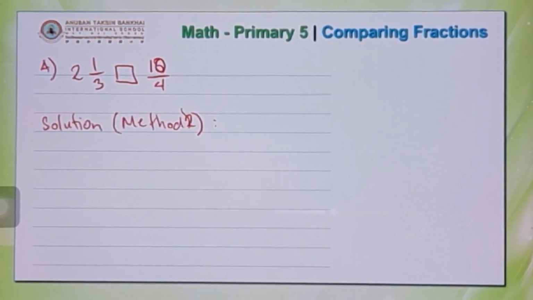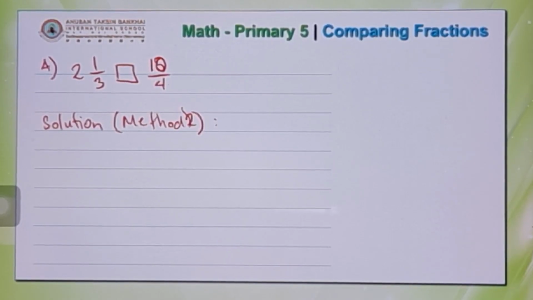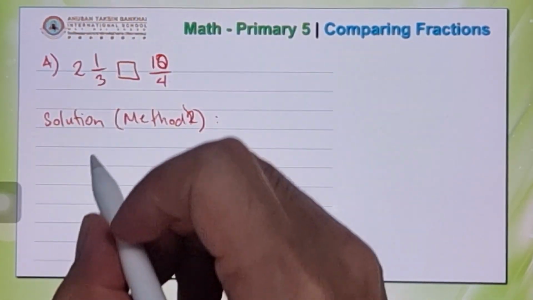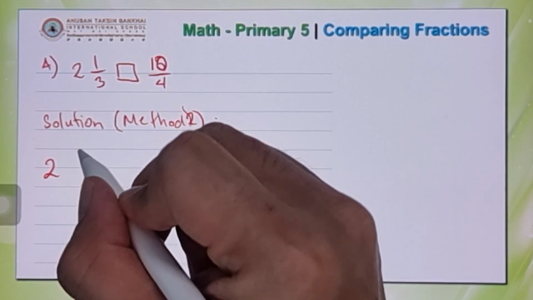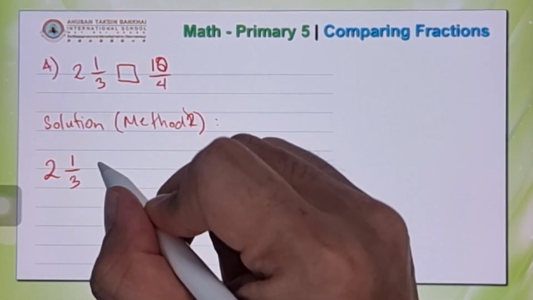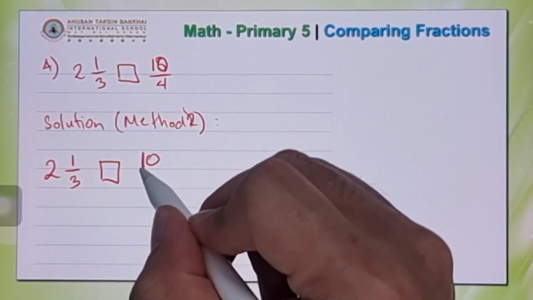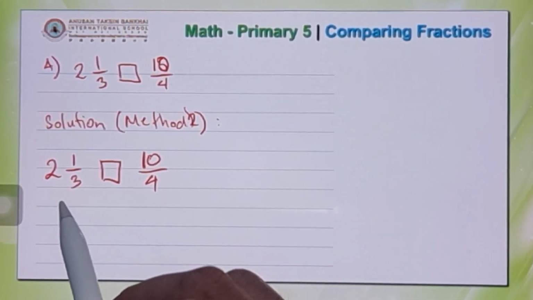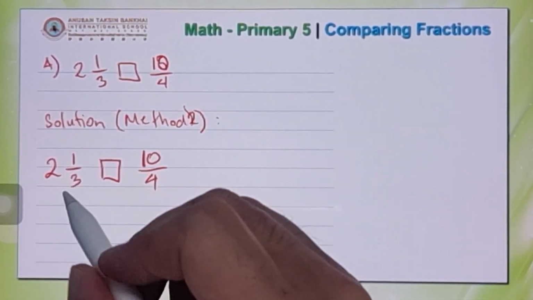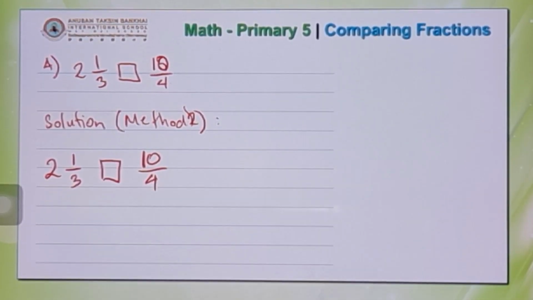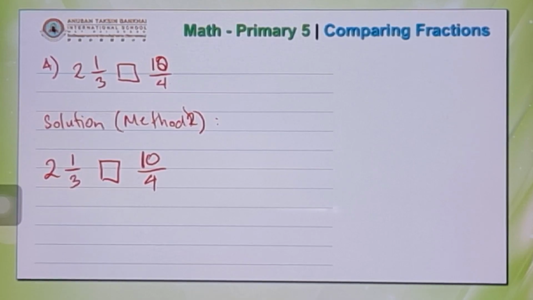Method 2. So again, method 2 is improper fraction to mixed number. So let's just copy our mixed number, blank 10 over 4. So we change this to a mixed number.